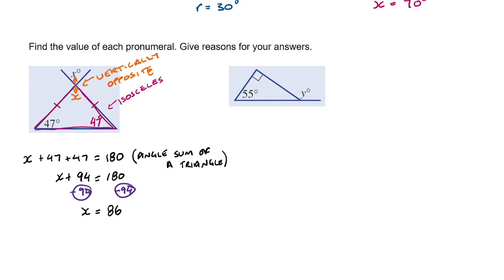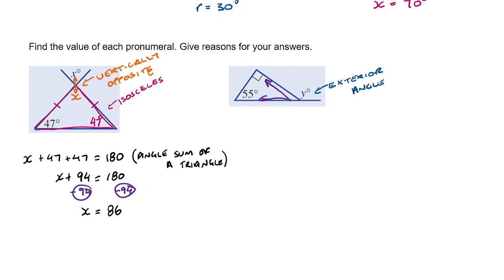Okay, last example. This one, we're looking at an exterior angle. This is an exterior angle. We know that exterior angles sum to the two interior opposite angles. So if we add this angle to this angle, we're going to get the value of y.